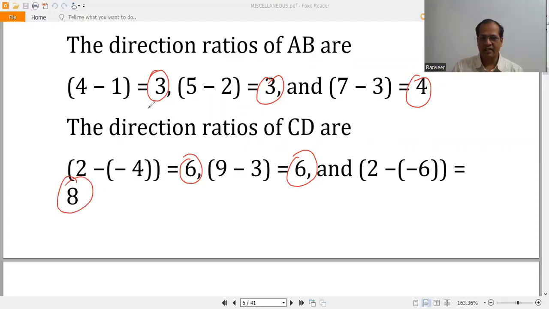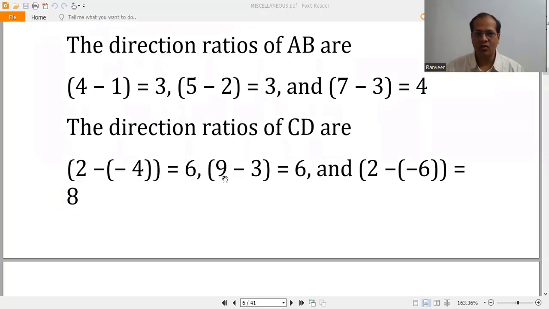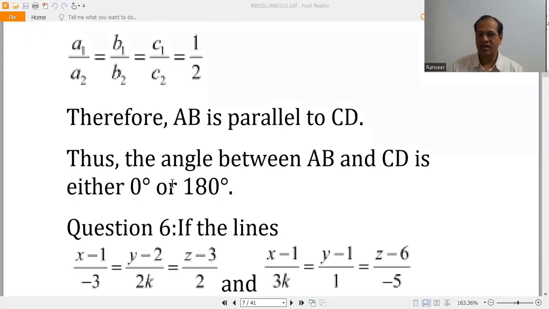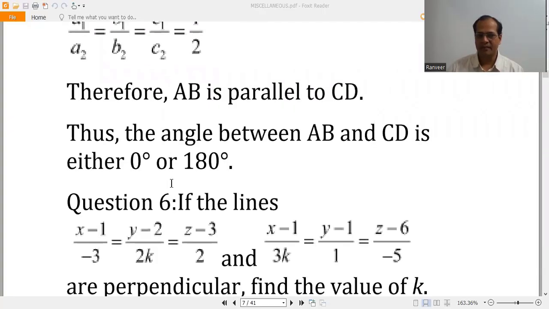So if we take the ratios a1 by a2, b1 by b2 and c1 by c2, all are 1 by 2. Therefore AB is parallel to CD. Thus the angle between AB and CD is either 0 degrees or 180 degrees.